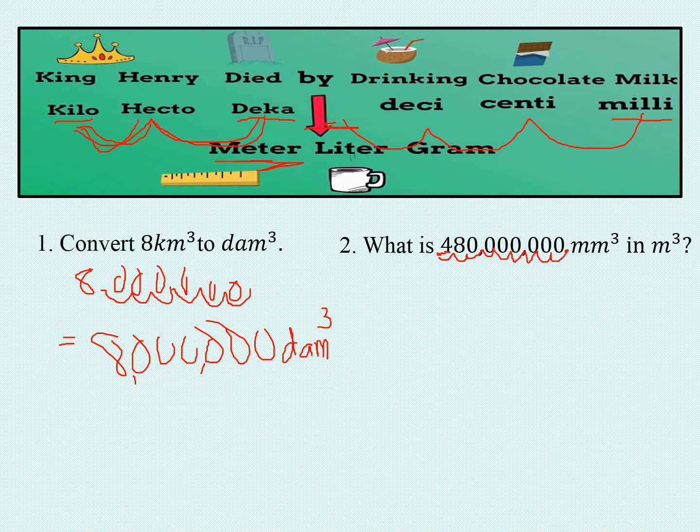Then, kapag nire-write natin yan, magiging equal to 0.480. Then, 1, 2, 3 na 0. I-re-write ko lang yung 480 million kanina. Yan. Then, since na-convert na natin, magiging meter cube na yung ating unit or cubic meter. So, ganun lang siya kasimple.